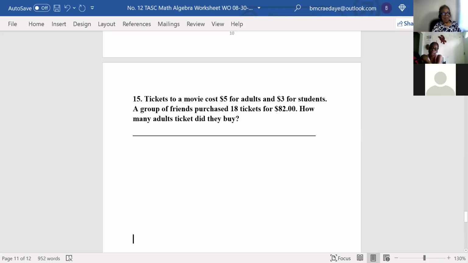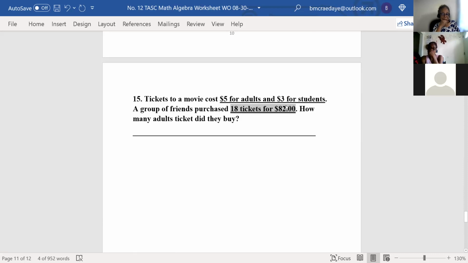How would you set it up? Okay, so you know what you're given. You're given the cost of adults and the cost of students, and you're given how many tickets they bought and what they cost. Now there are 2 equations you can set up.